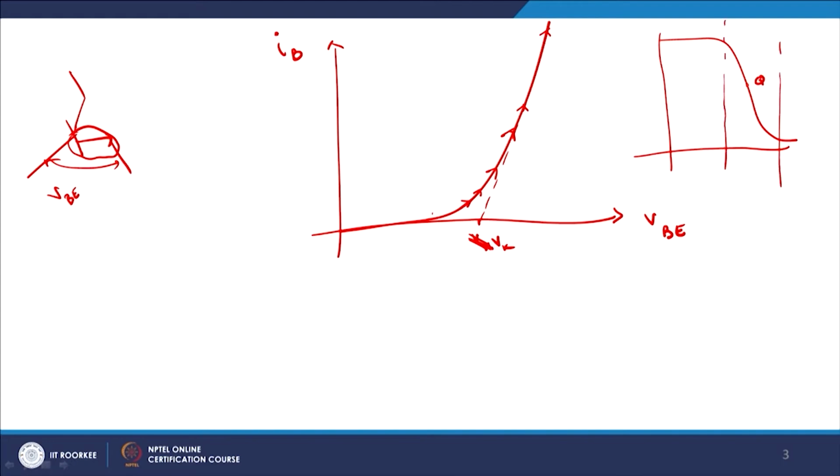If you bias your device at the Q point here, at some VCE, then I can safely say that for the same change in the value of IB, I would expect to see the same change in the value of IC.